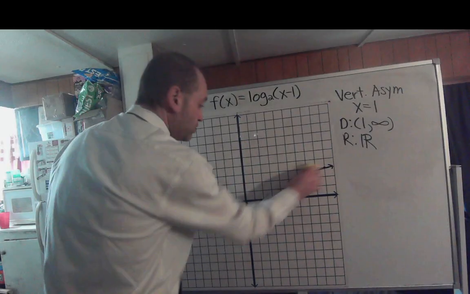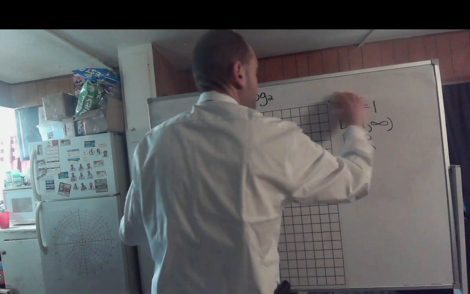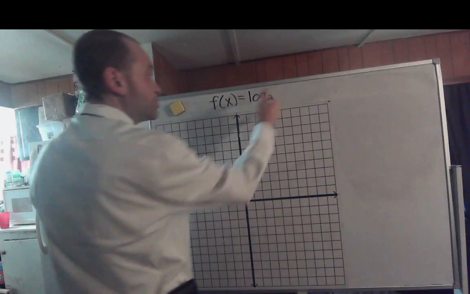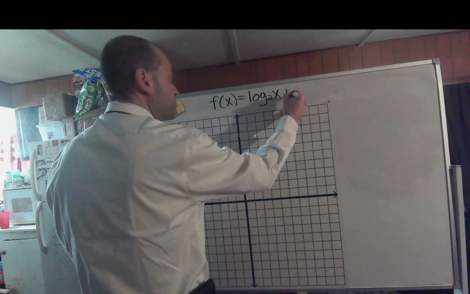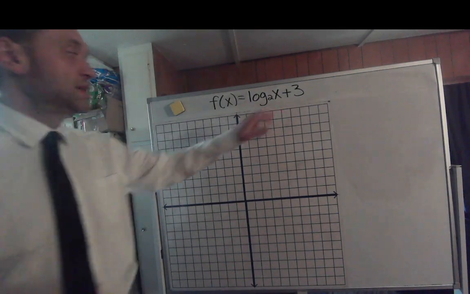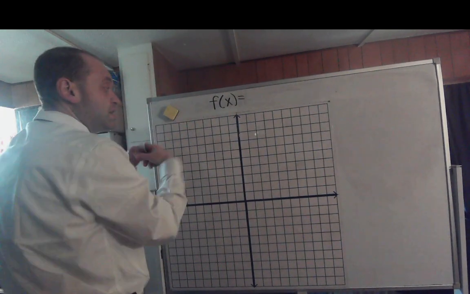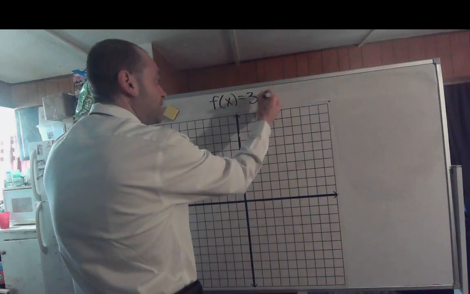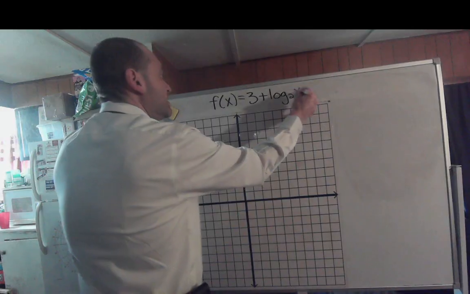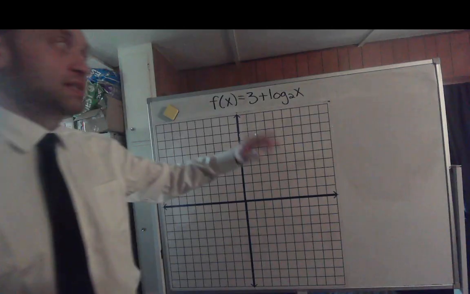Now, let's do a vertical shift. So we're going to do log base 2 of x plus 3. So I have log base 2 of x plus 3. Actually, it's probably better in this case to write it as 3 plus log base 2 of x, because it almost looks like you're doing log base 2 of x plus 3 instead.